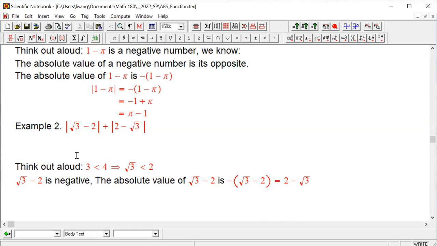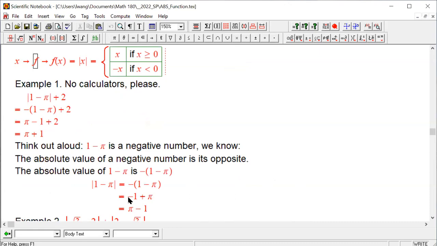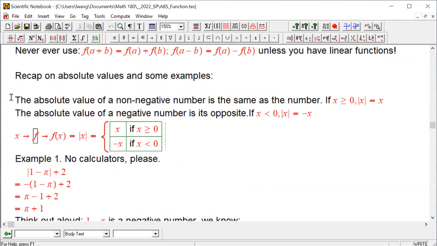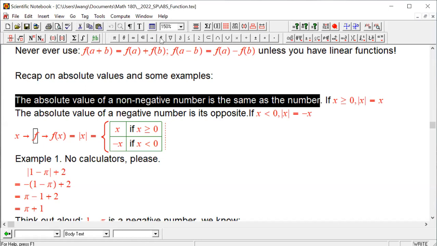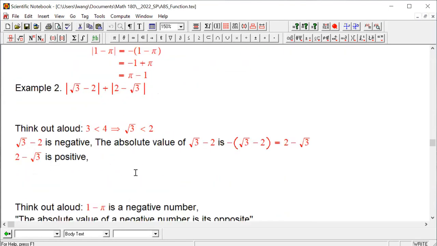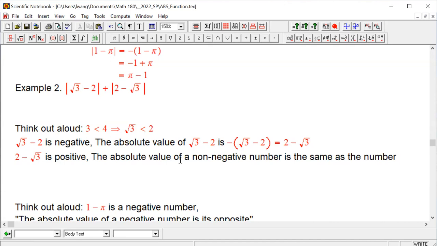You distribute and then you did something similar here. How about 2 minus root 3? 2 minus root 3 is positive, right? 2 minus 3 is positive. What do we know about the absolute value of a positive number, or non-negative number? The absolute value of a non-negative number is the same as the number, and we have a positive number here.